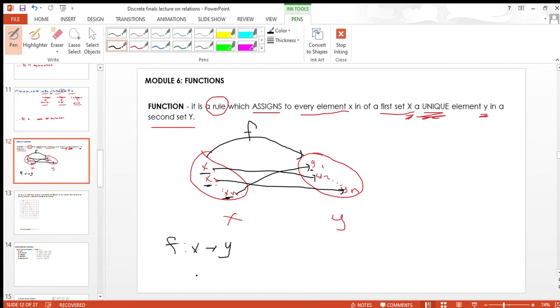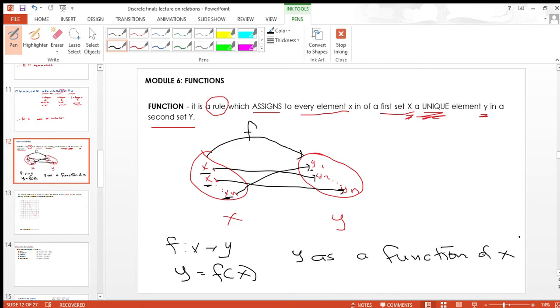In some symbols, we can also write this as y is equal to f of x. So we have y as a function of x, and that notation is read as y being a function of x.